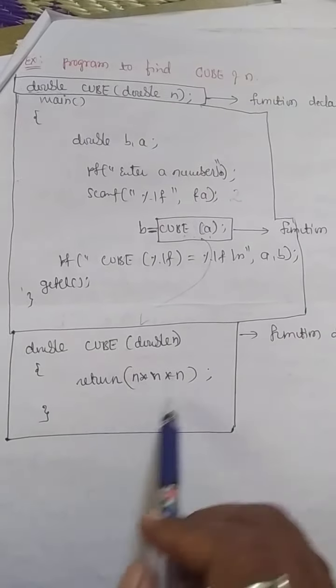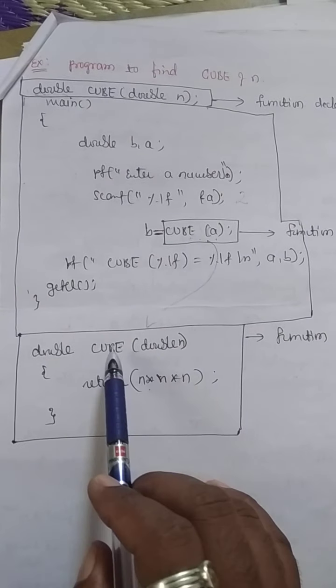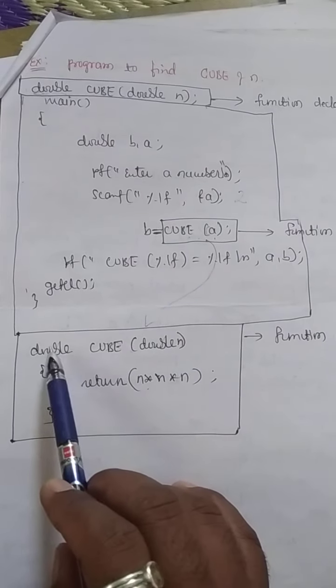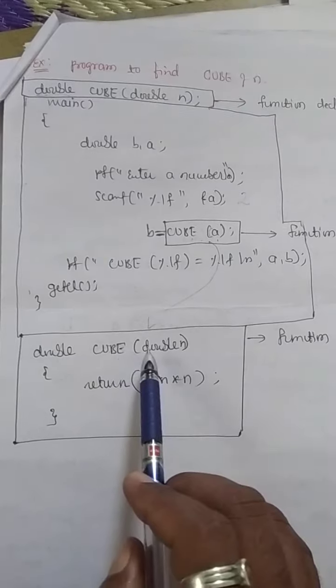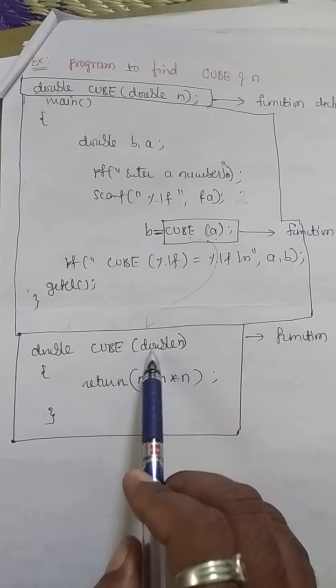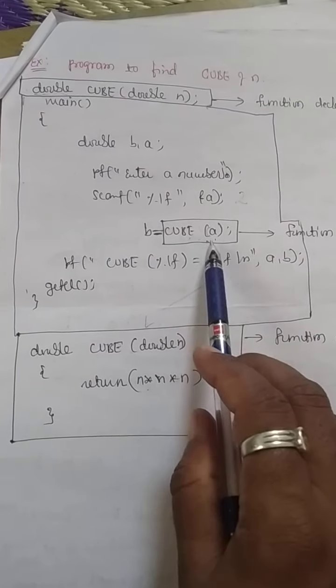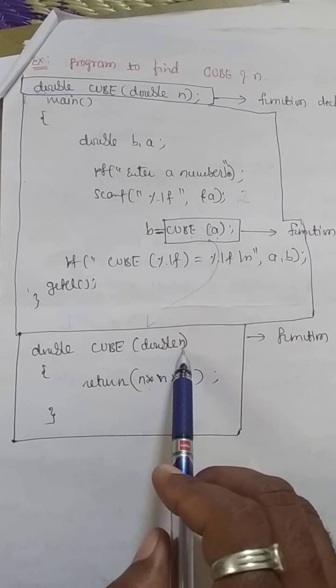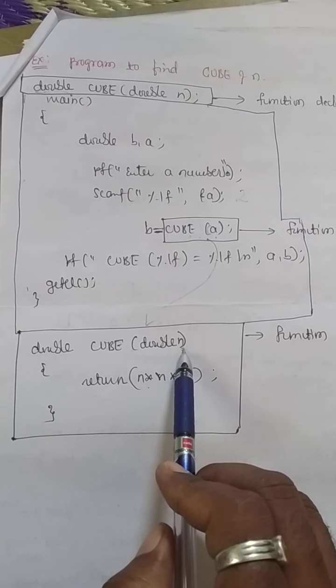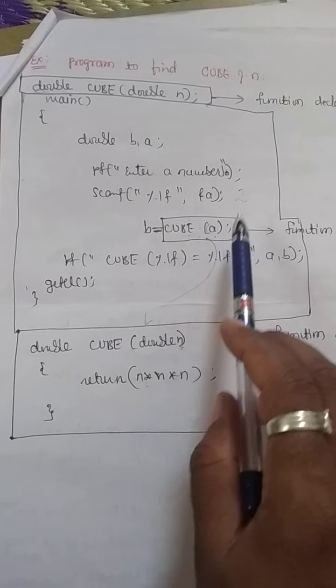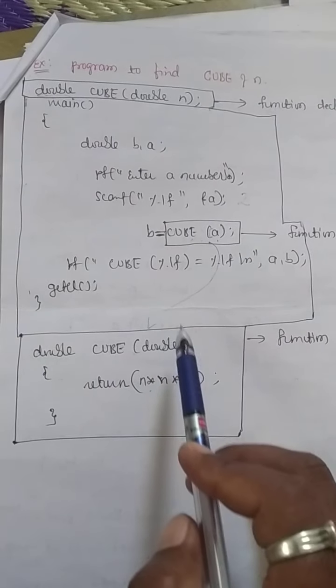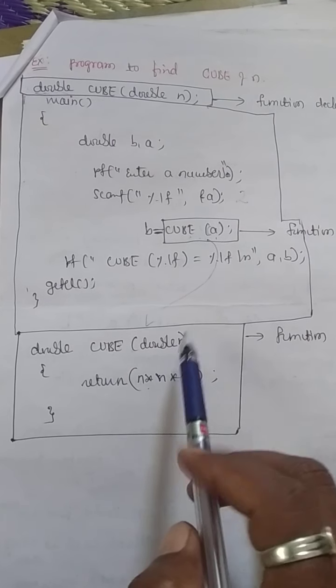Here I write the code for it, using the function definition: double cube, double n. That is the return type, function name and parameter list. Whatever I sent through a is received by the variable n. How much did I send? 2, so 2 is received by n.